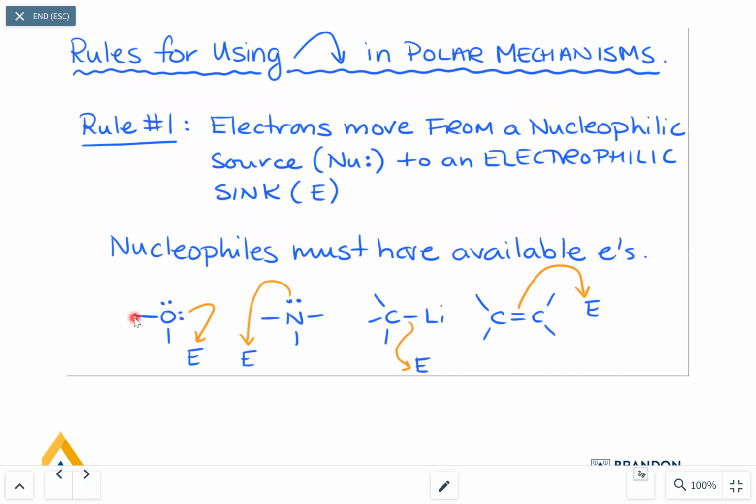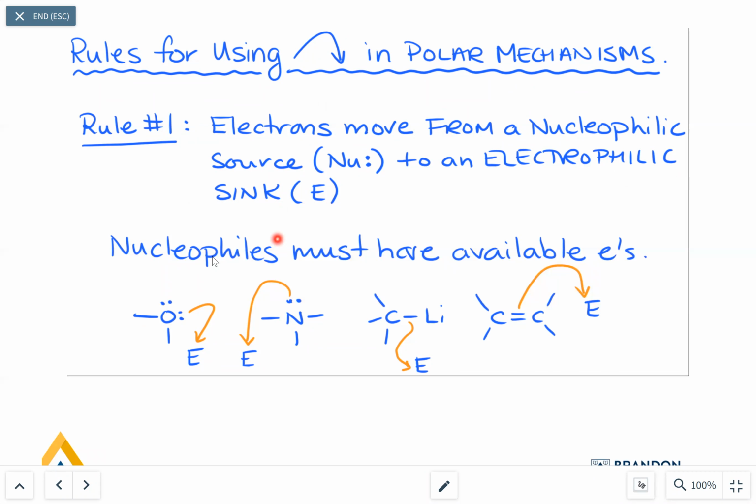Now there are some rules for using these arrows in polar mechanisms. Rule number one is what we said at first: the electrons move from the nucleophilic source to the electrophilic sink, so they go from the nucleophile to the electrophile.